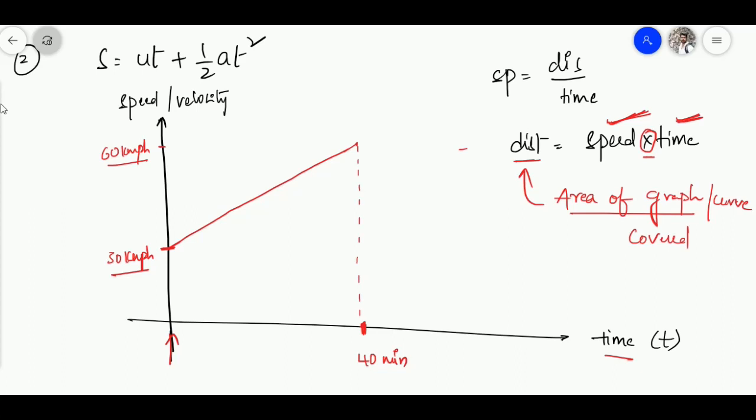You have to follow this area calculation method only if there is a multiplication between the x-axis term and the y-axis term. I am repeating the same statement again and again because it is important for your problems also.